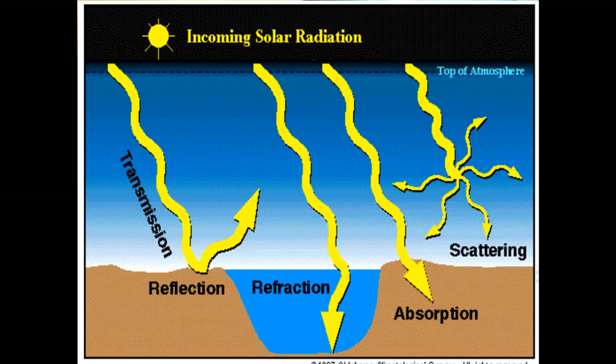Absorption has been defined as the process in which the incident radiation is retained by a substance and is converted to some other form of energy. There is a certain amount of radiant energy lost by the process of absorption in the atmosphere.